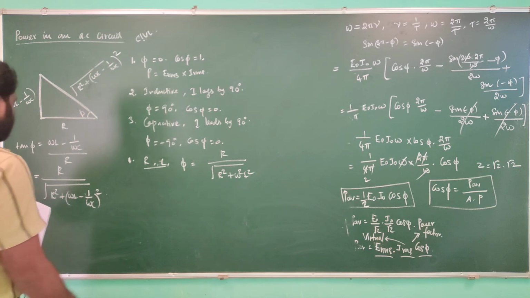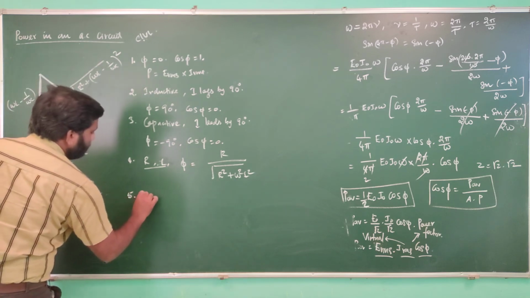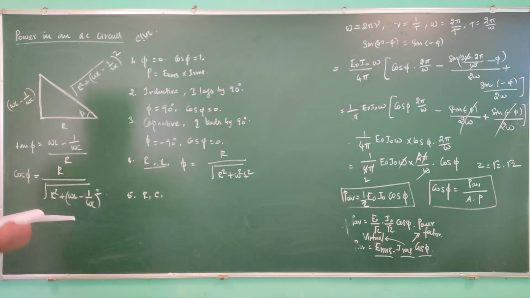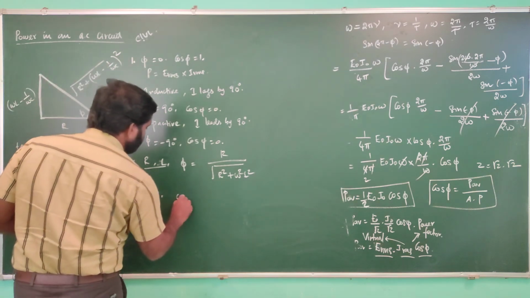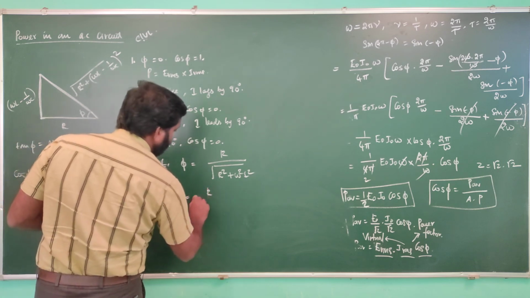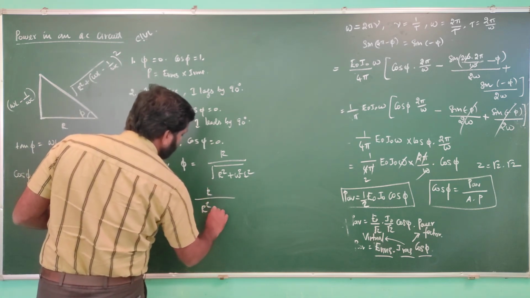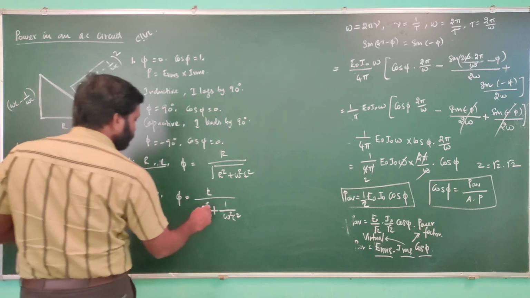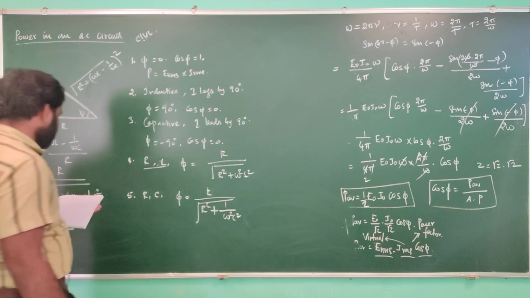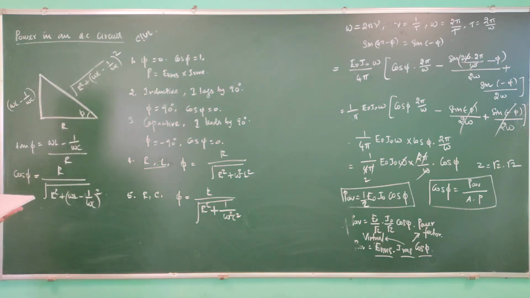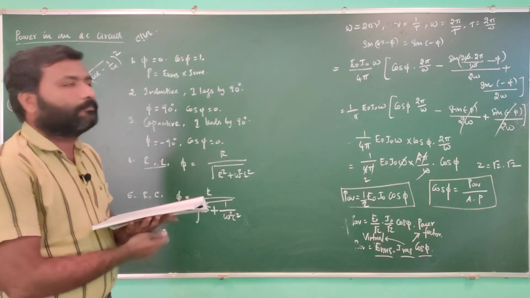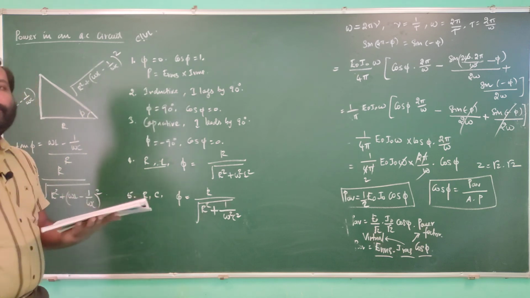If it is the case of resistor and capacitor in series, then cos phi is equal to R by the square root of R square plus 1 by omega square C square. So these are the different cases for phi in a circuit in different situations.